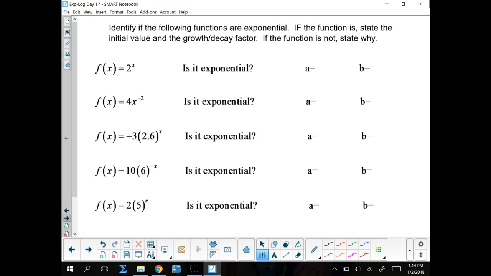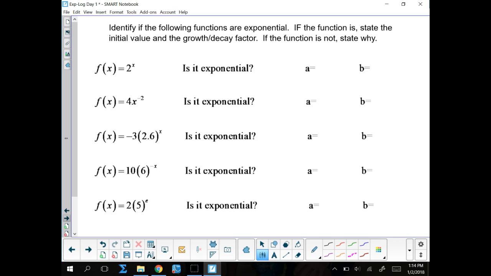Okay? So in the first one, f of x equals 2 to the x power. Is that an exponential function? Lexi says no. Why do you say no? Well, it's implying that a is 0. No, a can't be 0. Okay, what's the rule to determine if it's an exponential function or not? Is the variable in the exponent?